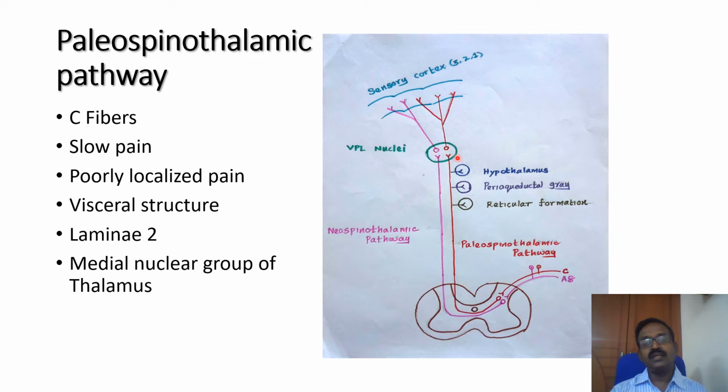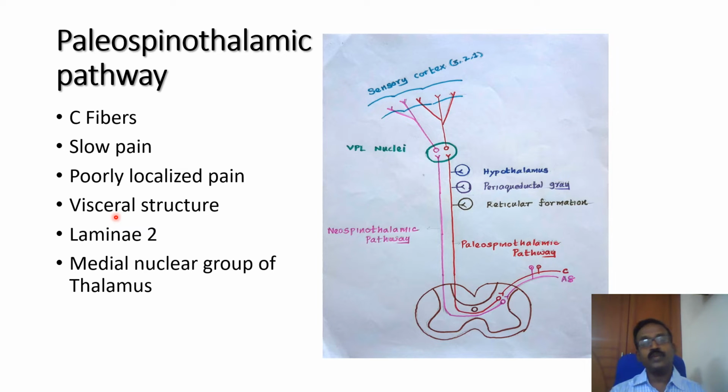Third order neurons start from the non-specific nuclei of the thalamus to the sensory cortex. It is not specific in this area, but diffusely distributed.